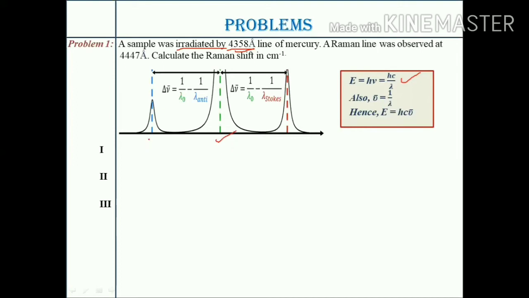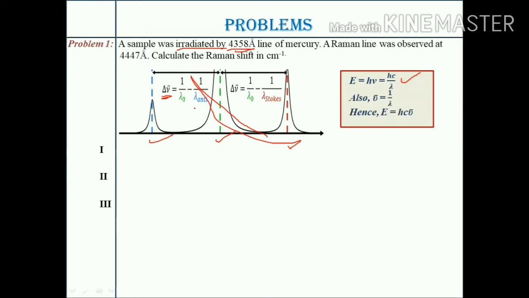To the left of it is the Stokes line, and to the right is the anti-Stokes line. The change in wave number between the Rayleigh scattering and the Stokes line is given by delta nu bar, equal to 1 over lambda naught, the incident irradiated part, minus the Stokes and anti-Stokes part.